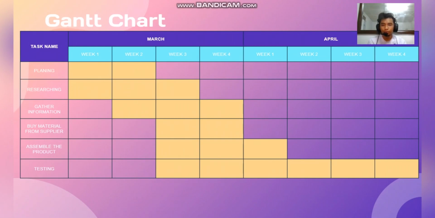We go on to gather information from week 2 until week 4, and then we have buy material from the supplier from week 3 until week 4 of March. And next we have assemble the product from week 3 of March until week 1 of April.